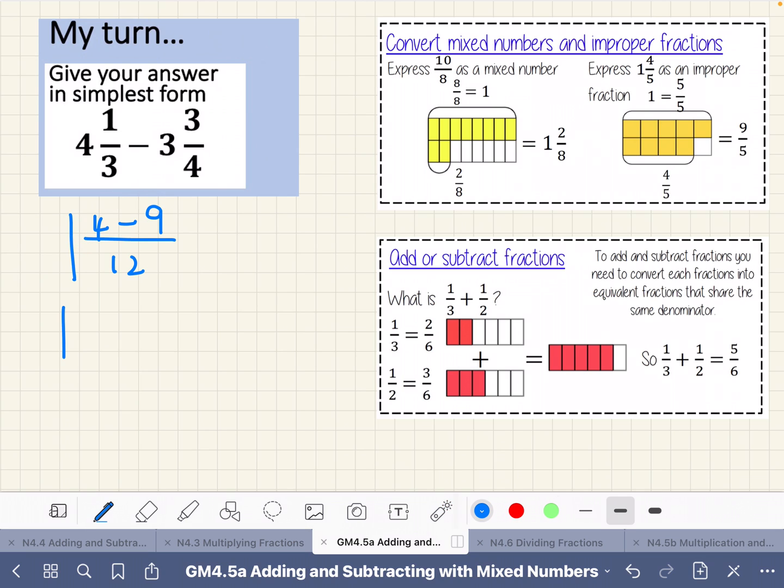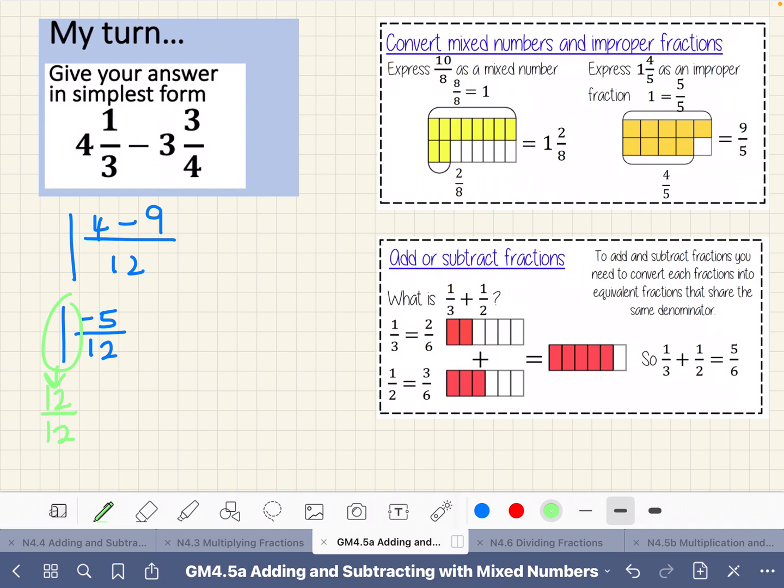We would keep the 1, but this time we'd have minus 5 over 12. We need to look to see how we take away this 5 over 12 away from 1. This, remember, can be represented as 12 out of 12.